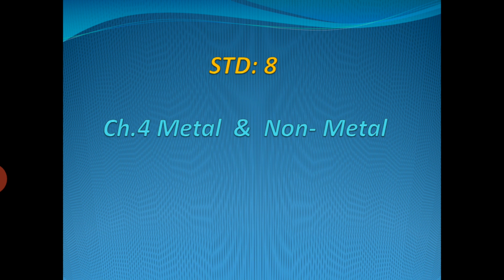Then lustrous: a few metals are shining, and they are called lustrous metals. Then malleability and ductility, then sonority, which produces a ringing sound. Then electrical conductivity: a few metals are good conductors of electricity while non-metals are not good conductors, and are called good insulators, but graphite was a good conductor of electricity.